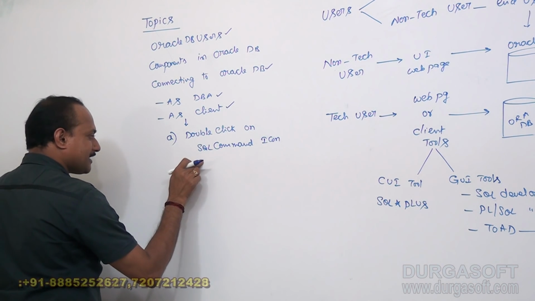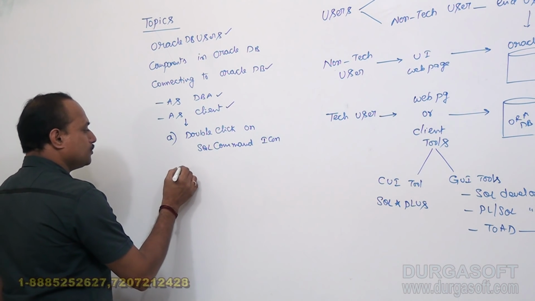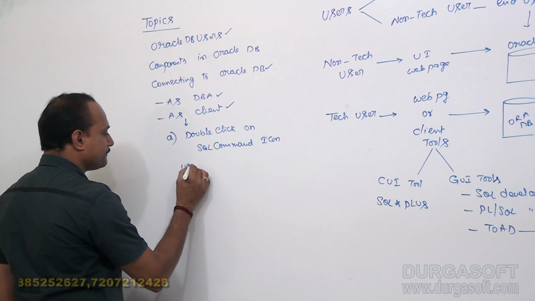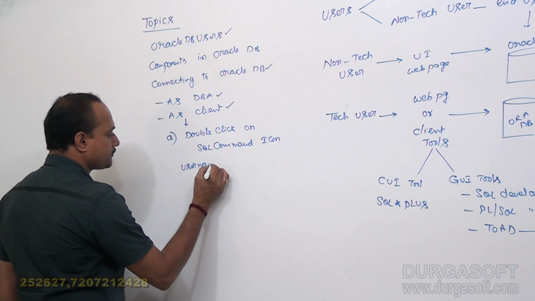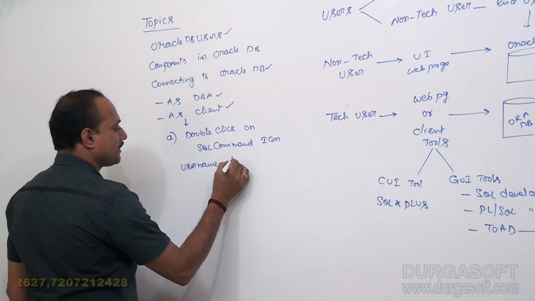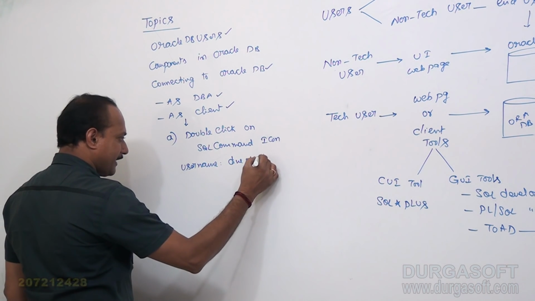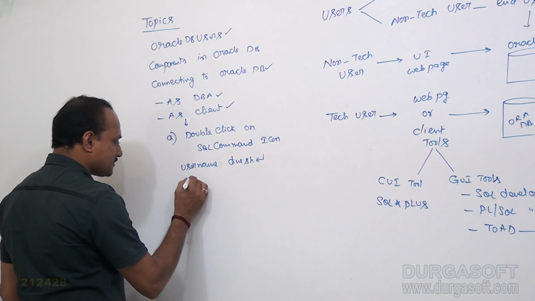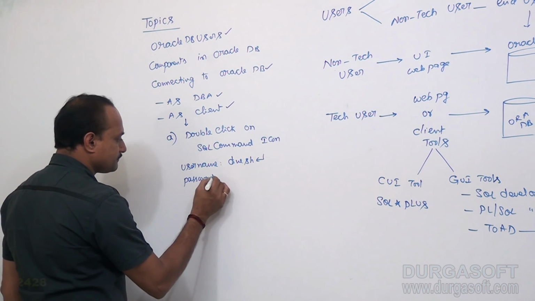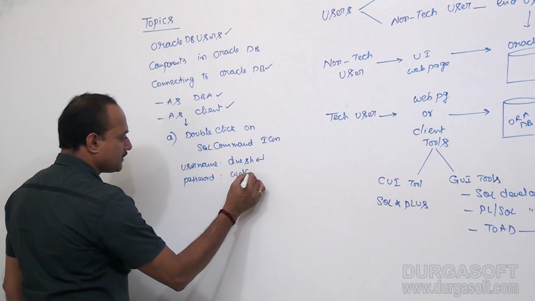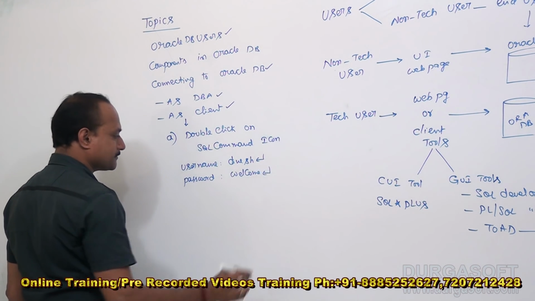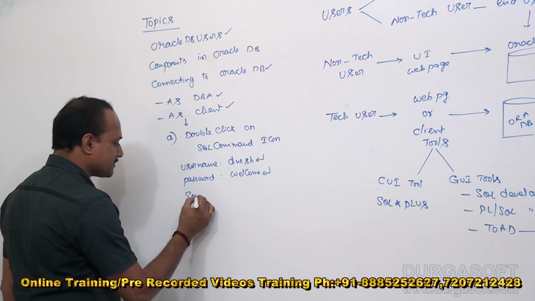In the SQL*Plus window, you need to submit a username. It will prompt you for the username. Here I am submitting Dinesh. Next, hit enter. Next, submit the password. What is my password? Welcome. Hit enter. Then it will display SQL>.